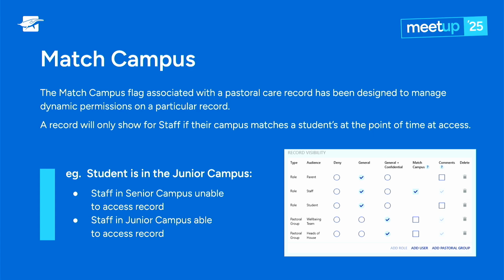Or if a teacher becomes new on that campus or moves away from that campus, the records disappear. So this becomes really, really important for focusing and narrowing down who should see those records. If you're using pastoral care and you're not using this yet, I'd recommend reviewing it, especially if you're a large K-12 school with multiple campuses and multiple structures, and it applies behind those groups and roles. It's a really, really good way of focusing those permissions.